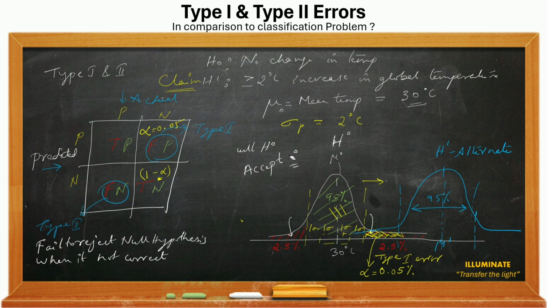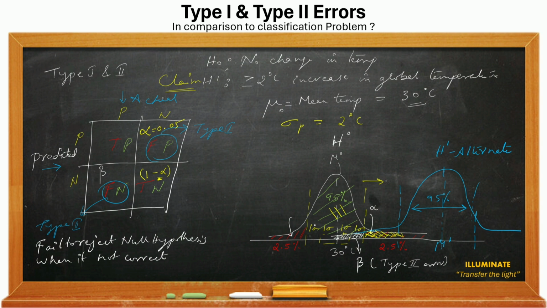Now if you see the tail of the alternate hypothesis coming over this side, from here to here, if I shade this 5% area of the alternate hypothesis on the other side, here this was your alpha. Similarly, this white shaded part over here is nothing but your beta. Now pay attention, beta is nothing but your type 2 error.